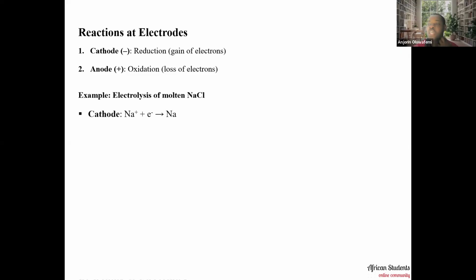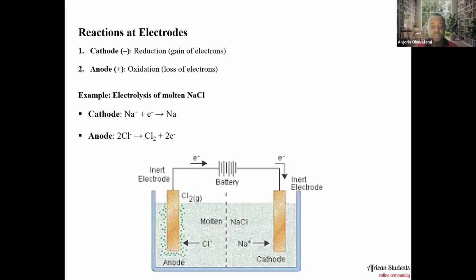We see Na+ plus an electron giving us elemental sodium that is deposited at the cathode, whereas at the anode we have the chloride ion giving us chlorine that is deposited at the anode. So basically that is what happens.